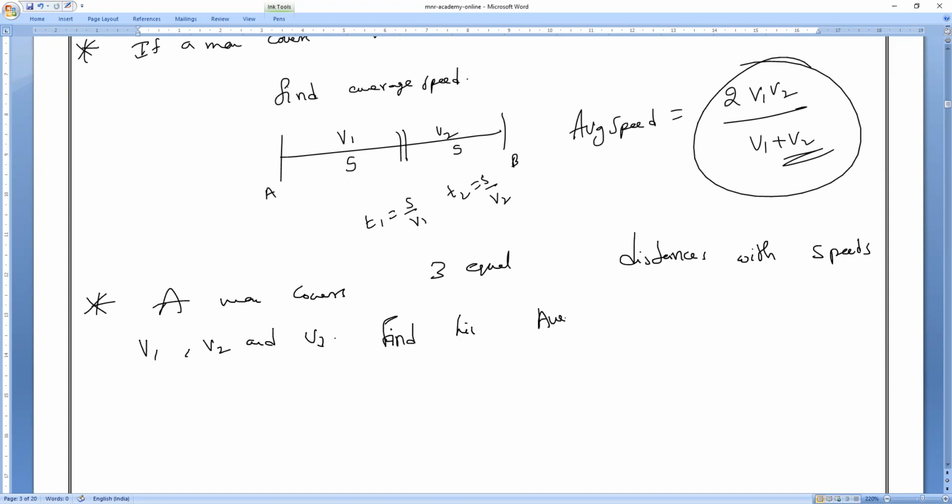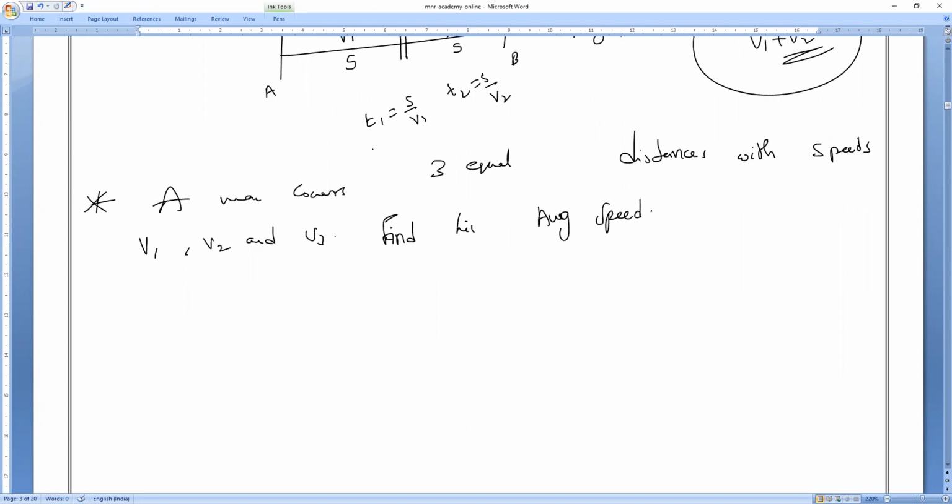Find his average speed. So see, he is covering equal distances. Let me take three different points with equal distances, A to B, B to C and C to D.